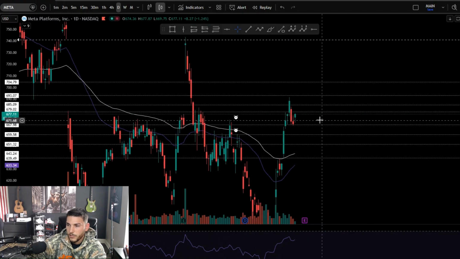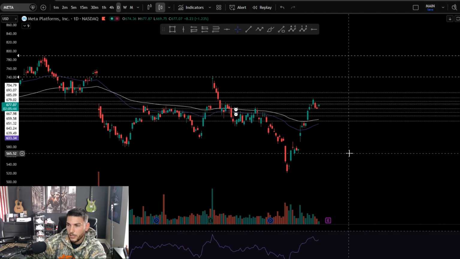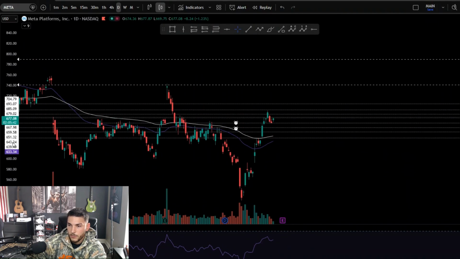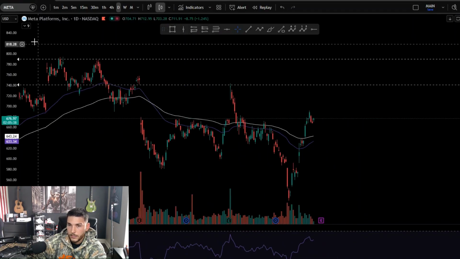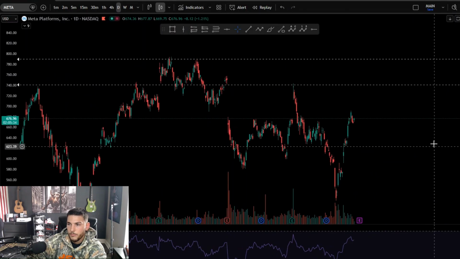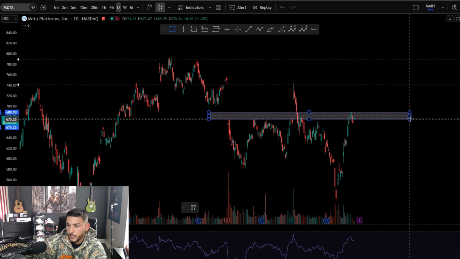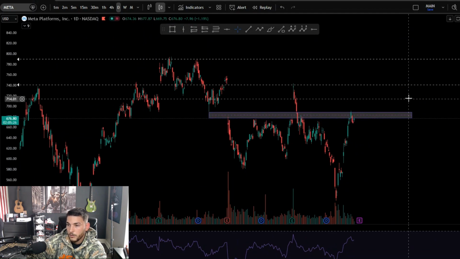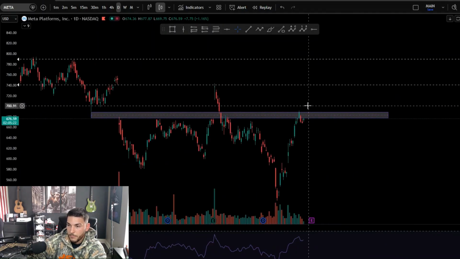Meta's daily. If we zoom in, that looks like a perfect pullback to launch, right? On Meta, delete all that, boom. We have a supply right here. We did reject at this supply, and we may not break through it.